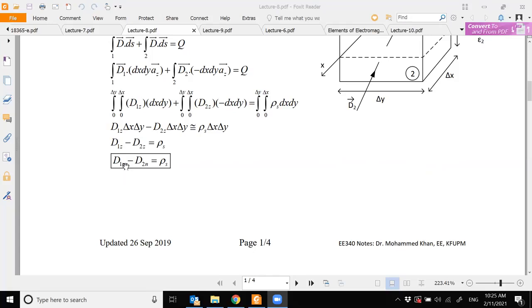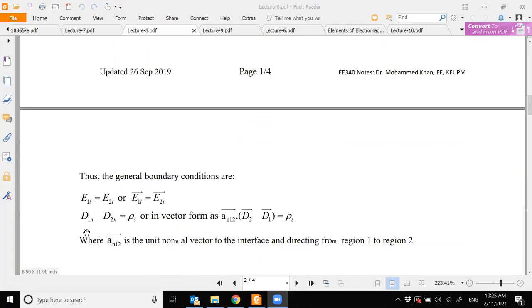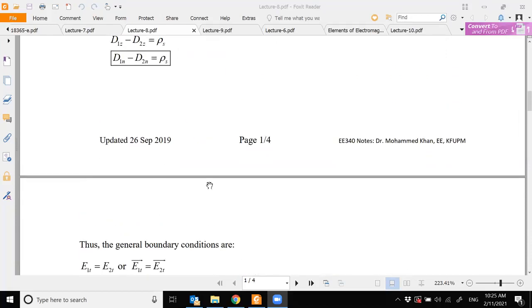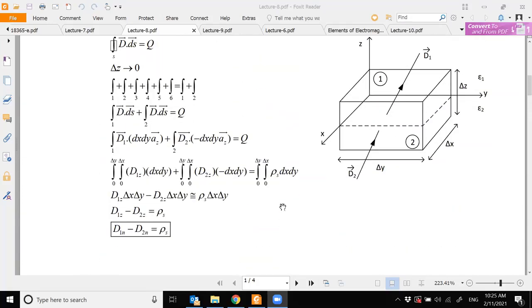We said discontinuous. Now to write this in vector form, D1 normal minus D2 normal is equal to rho s, we write it in a different form: we introduce a unit vector an12 dot product with D2 minus D1 is equal to rho s. Why we do this is because of the following.